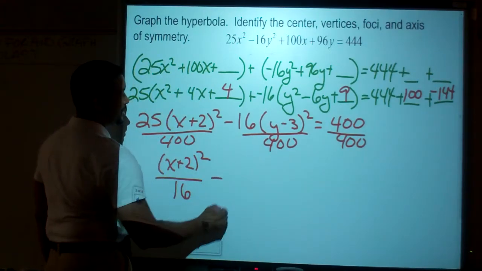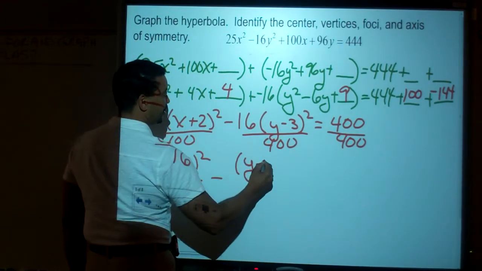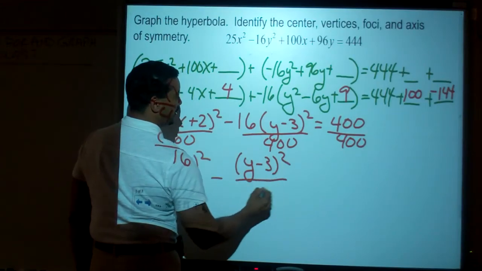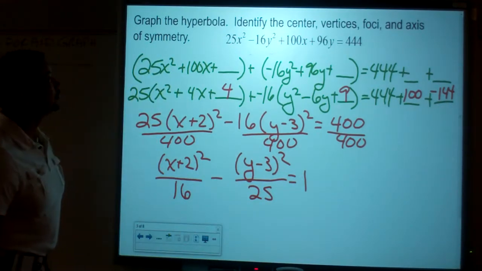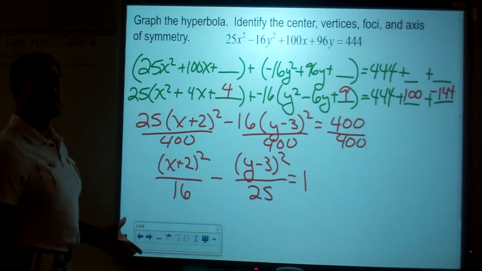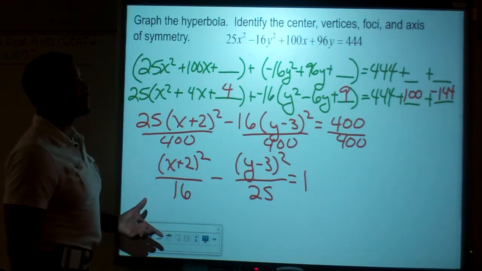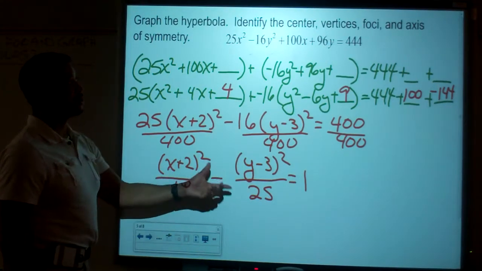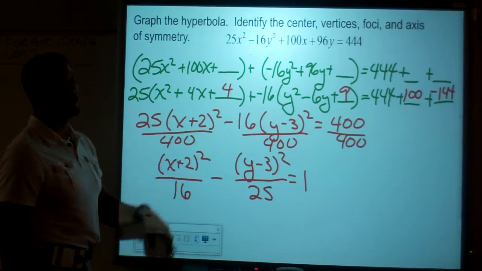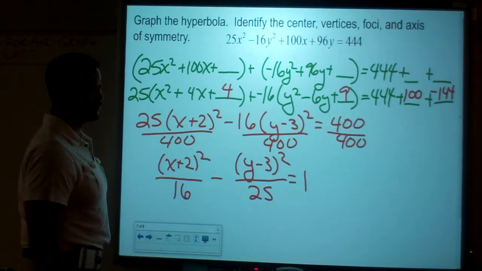We got our minus, and this will be over 25, and it's equal to 1. So once again, from here, then just a matter of going through and doing like we just did. You've got your center here. Use your a squared, your b squared to find your vertices, your foci, and your axis of symmetry.